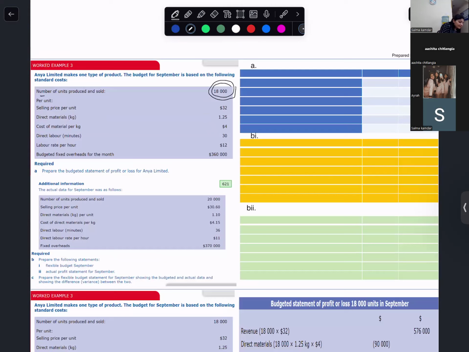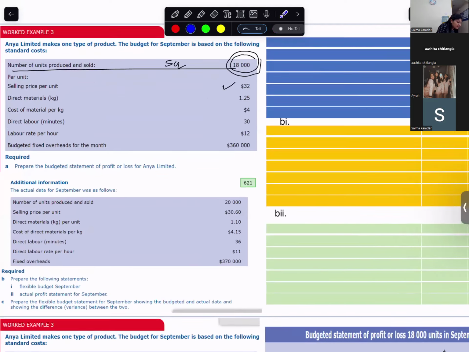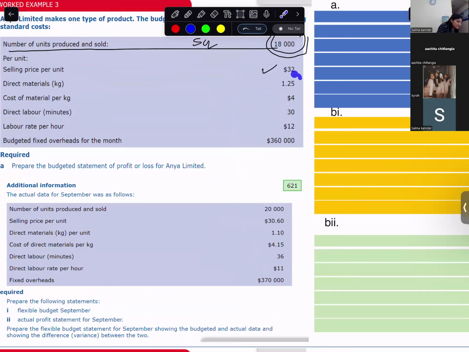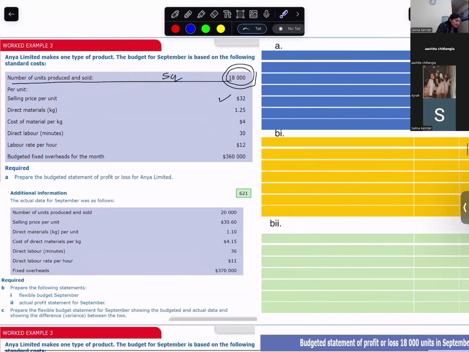It's standard quantity. And they have given you the selling price, direct material that is going to be used, cost per kg, direct labor, labor rate per hour, and fixed overheads for the month. They want you to prepare a budgeted statement of profit or loss for Anya Limited.